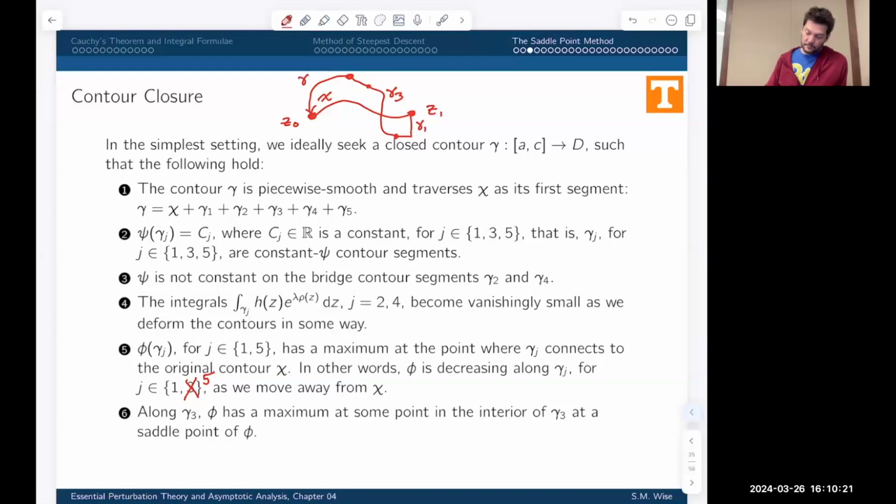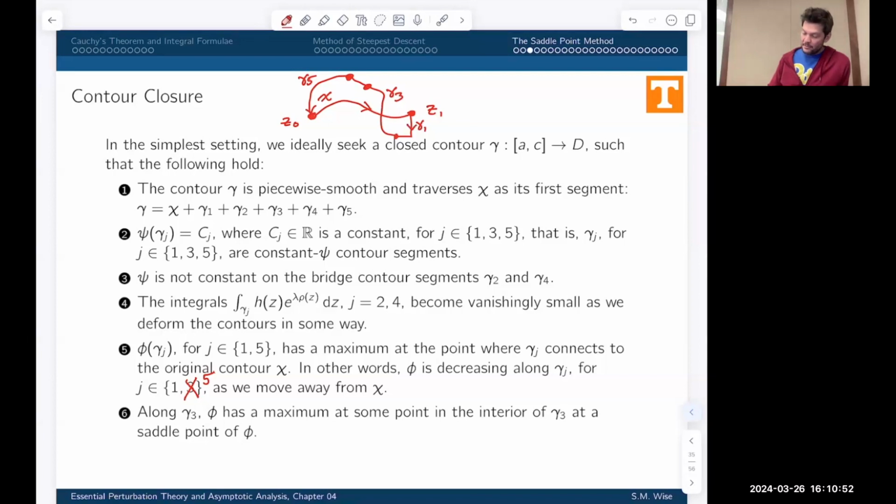I've only labeled gamma 1, gamma 3, and gamma 5, because gamma 2 and 4 are going to be what we call bridge contours, and we're generally not going to be too interested in what they do. Okay, so I'll go ahead and just erase those two. We follow this contour gamma, which at its initial part is just following chi.